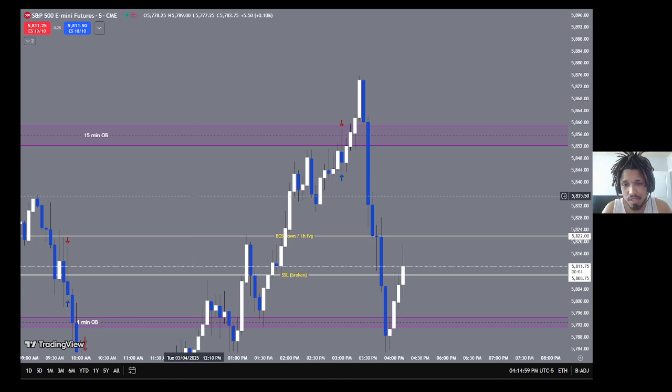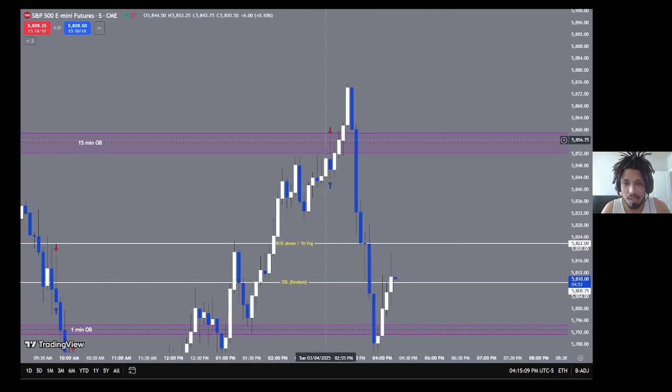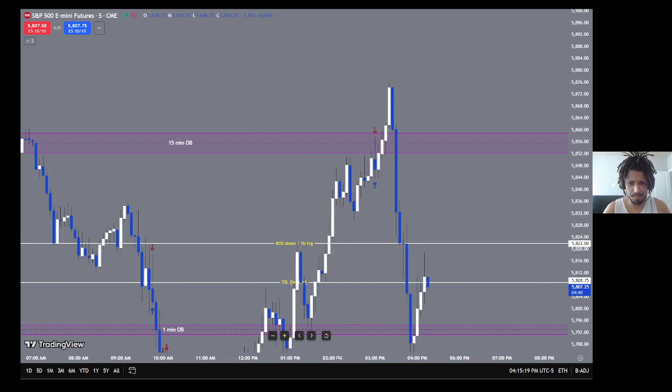So 50% of certain things is a significant concept in trading in many different ways. Here we have the middle dash line of our order block. You can see this is our 15-minute order block that I marked out, and this trade was really good because it was so precise.